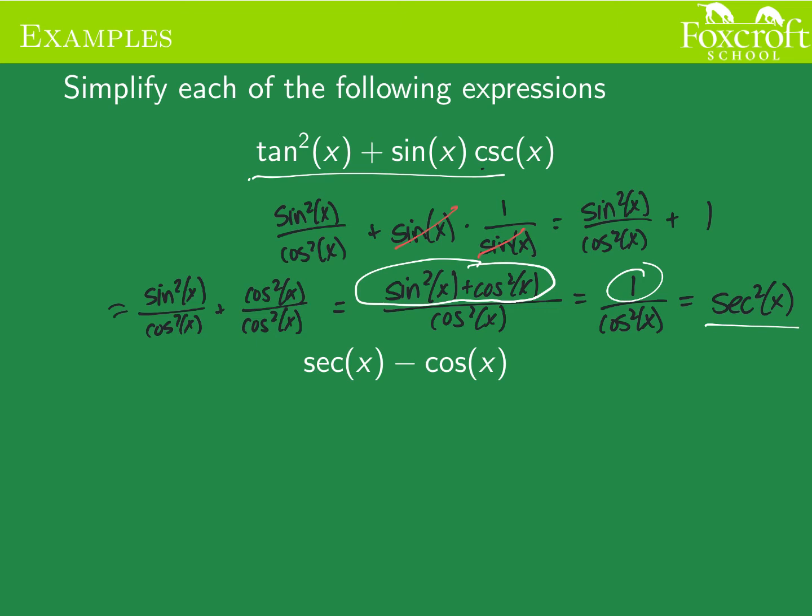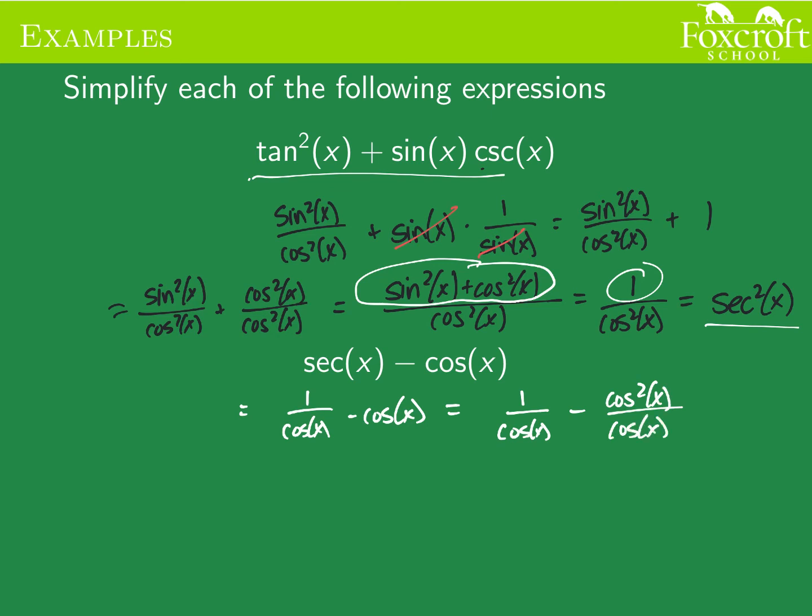All right, something similar for secant of x minus cosine. Again, secant is going to be 1 over cosine minus cosine. And again, for some applications, this might be good enough. Other applications, you might want to combine these. So if I combine these, I'm going to get 1 over cosine minus cosine squared over cosine.